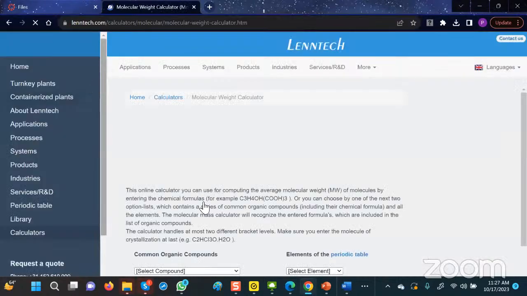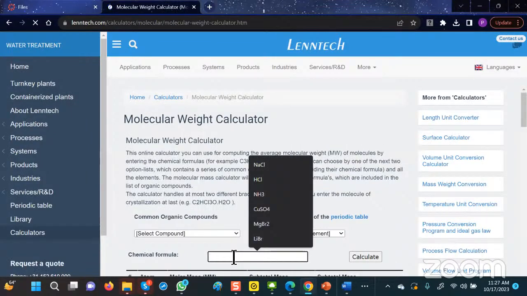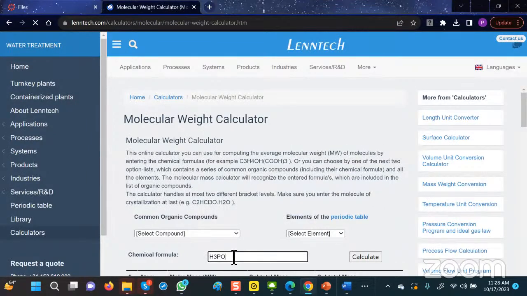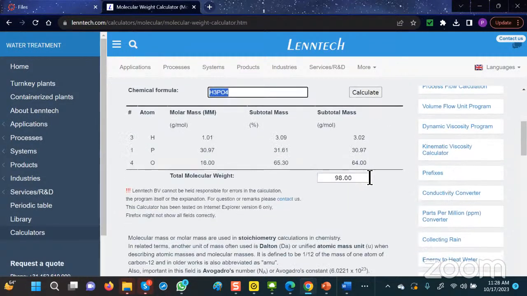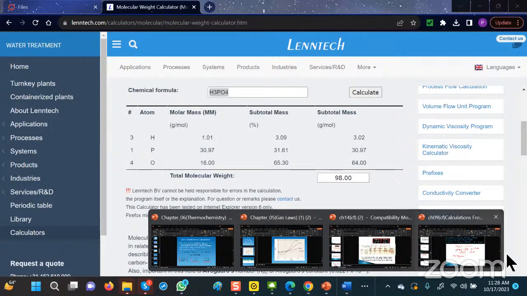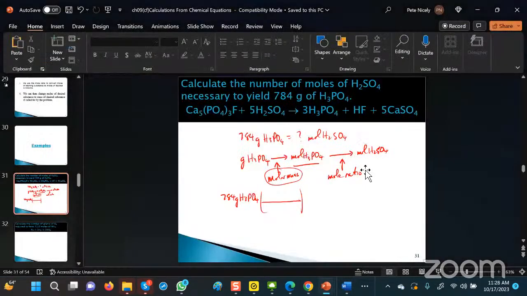To calculate the molar mass of phosphoric acid. Okay, calculate, let's see what I get. So 98.00 grams would be the molar mass of phosphoric acid.